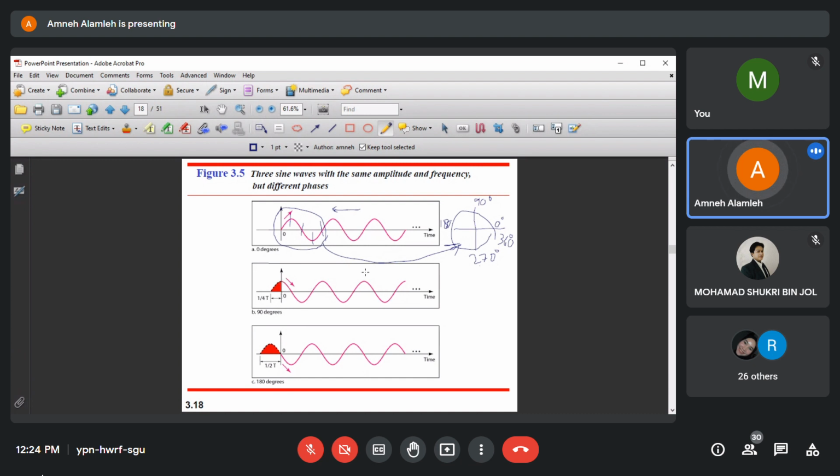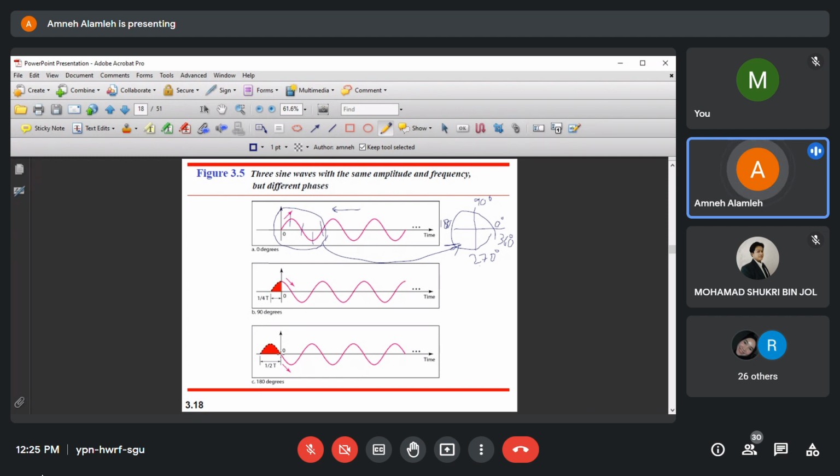It is the same signal, but shifted 1/4 the time. In figure C, the wave was shifted half the time, 1/2 or 2/4 the time. So it starts at 180.